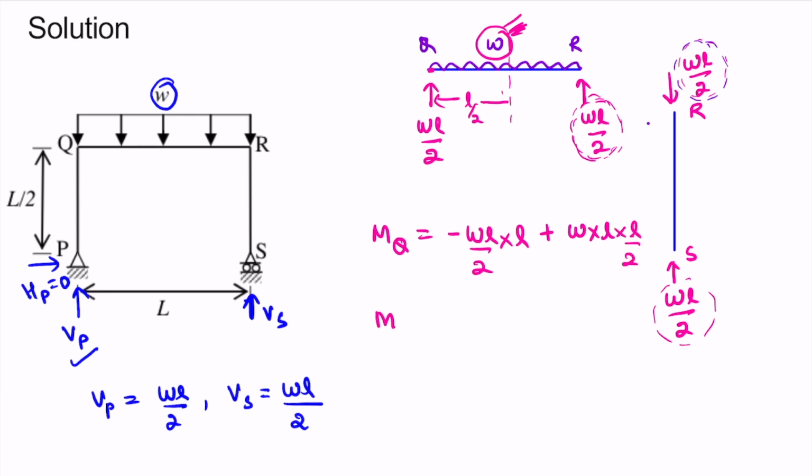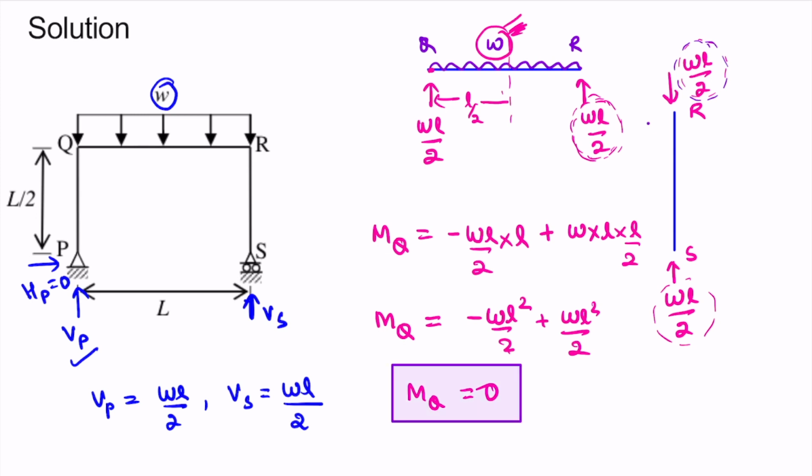So moment at Q will be equal to minus WL square by 2 plus WL square by 2. So finally moment at Q is 0. So here we got our answer now. The moment at Q we are getting as 0.